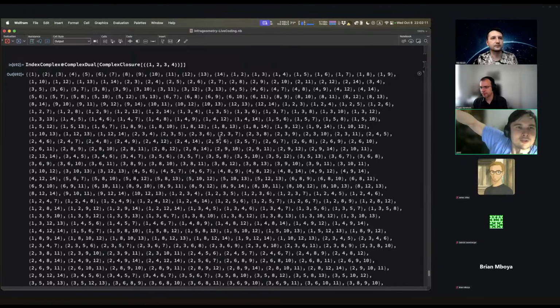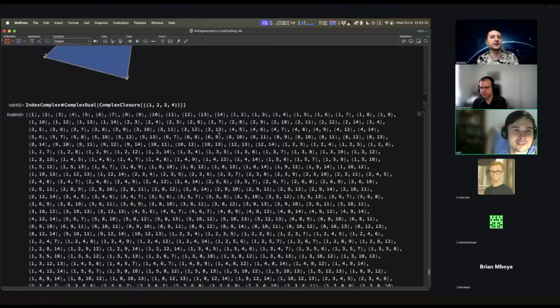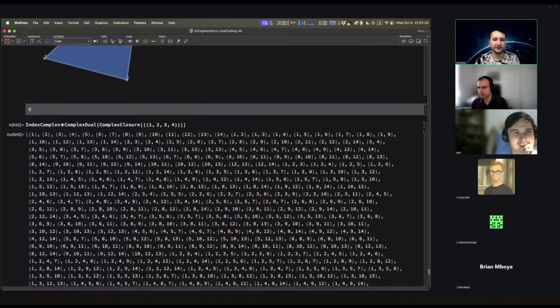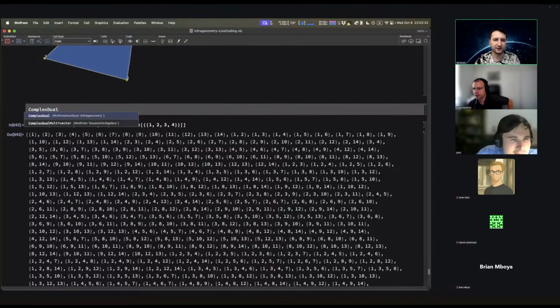So the dual complex of a subcomplex should be the union of the complements of the simplices. I would define a very simple dual myself, rather than this definition from the paper, which I just defined and don't understand.